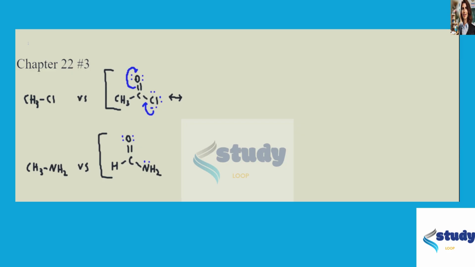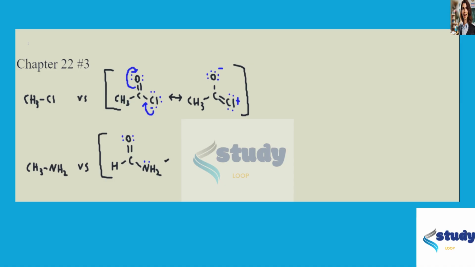A lone pair from the chlorine can add in to form a double bond, and one of the double bonds between the carbon and oxygen can break. And so we will have a resonance structure that looks like this, where the oxygen has a negative charge and the chlorine has a positive charge. So that would be our major resonance structure there.